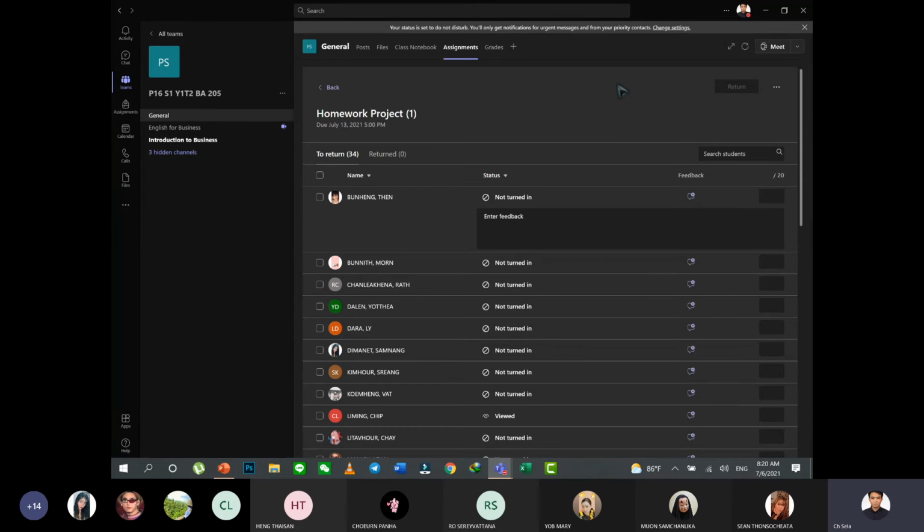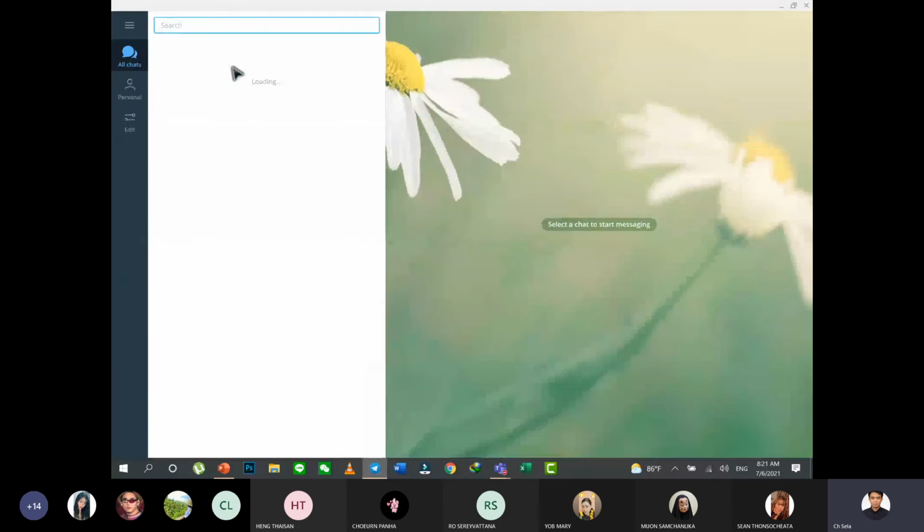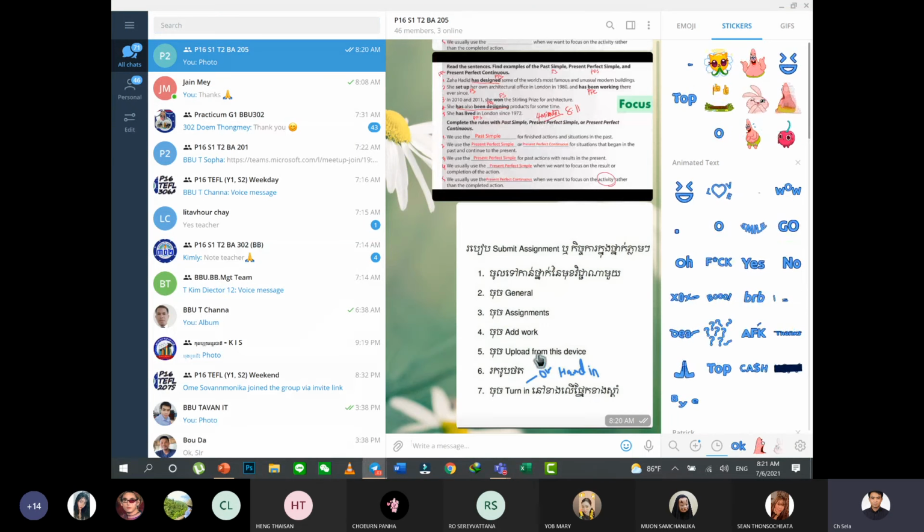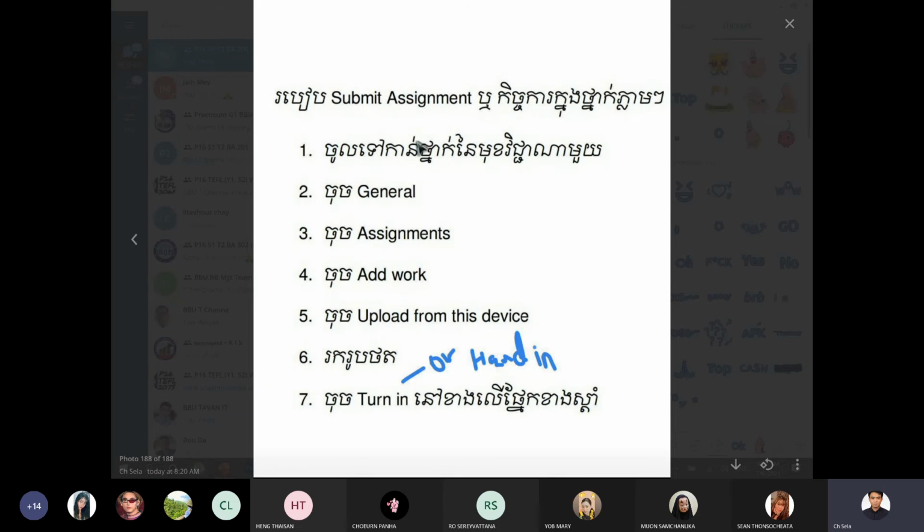So you can have a look on your Microsoft Teams or your Telegram. I already sent you how to upload your answer, in case you don't know, but I know some of you already know. So I just go to Telegram and here 205. This is how to submit your answer. All right, you can go and see there and learn more about that.